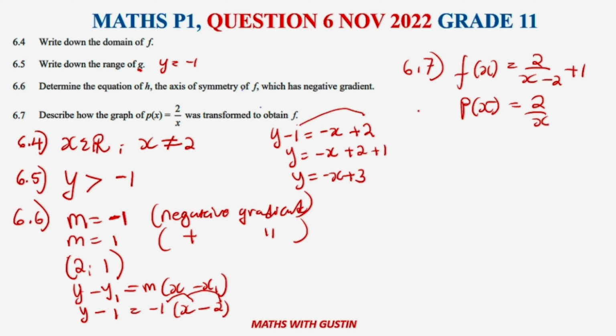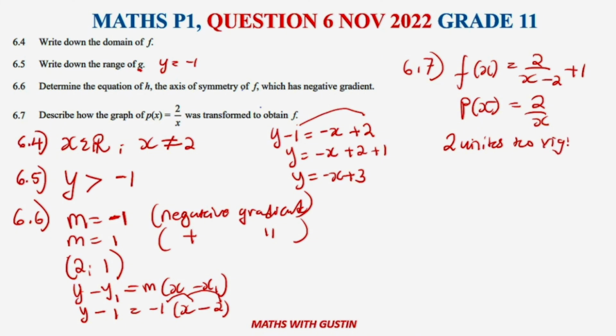So the graph shifted. Let's just check. In order for this graph to shift, you need to add +2 here, therefore the 2 will disappear, and add -1 there, therefore the 1 will disappear. If you add a +2 there, what does that mean? It means 2 units to the right.